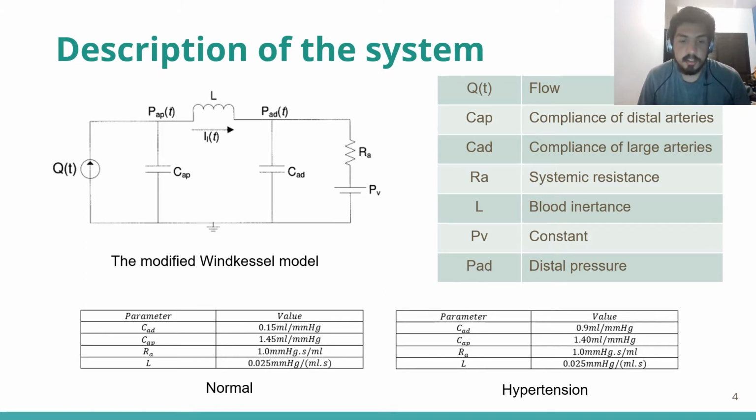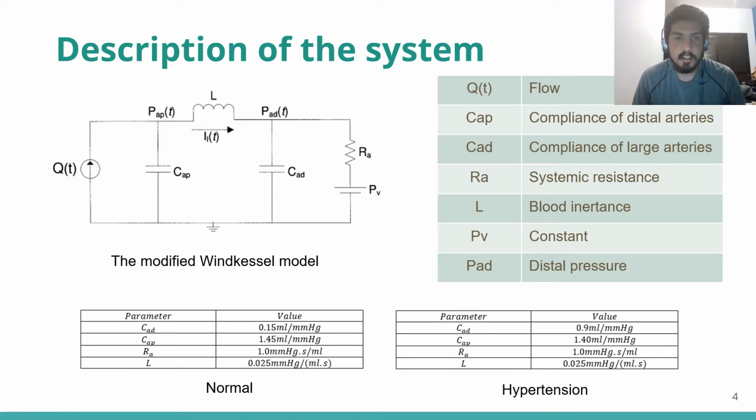But we're going to use the modified Windkessel model, which uses this same system, but we're going to try to measure the pressure in the distal arteria, that is the arteria closer to the muscles.